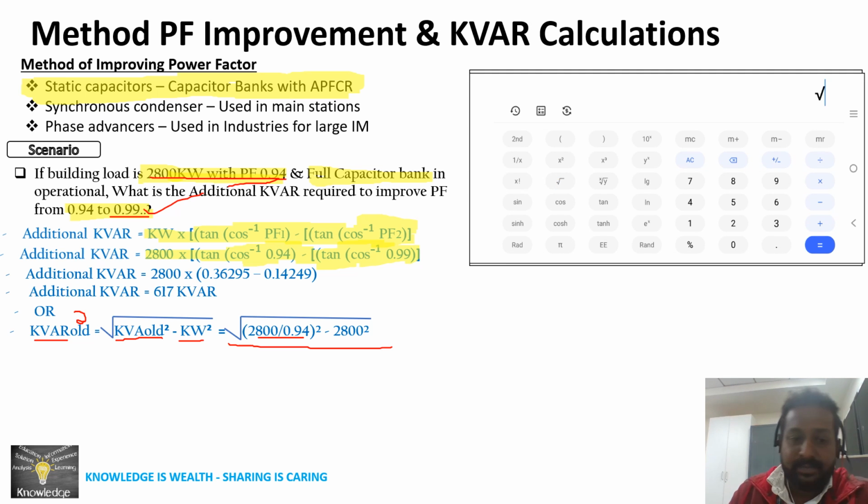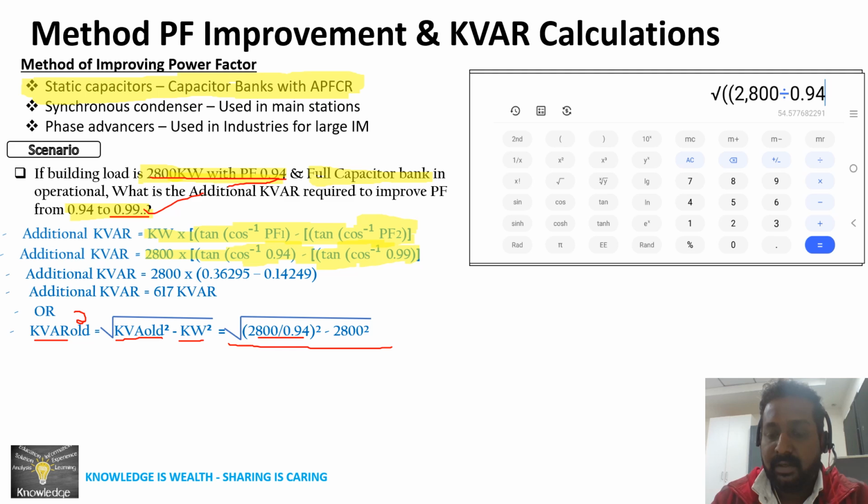Square root of, 2800 divided by 0.94 whole square, minus 2800 square, close double bracket, is equal to 1016.26.